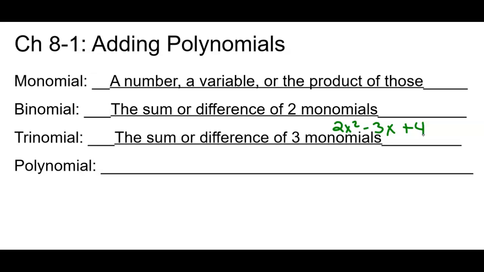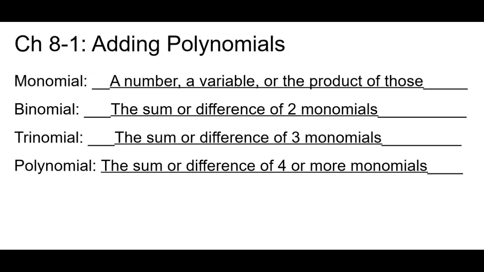All right. And then a polynomial. What do you think a polynomial is? You guessed it, the sum or difference of 4 or more monomials. So maybe 3x squared, nope, we'd have to have more than squared. 3x to the 4th minus 2x cubed plus x squared minus x plus 4, okay?